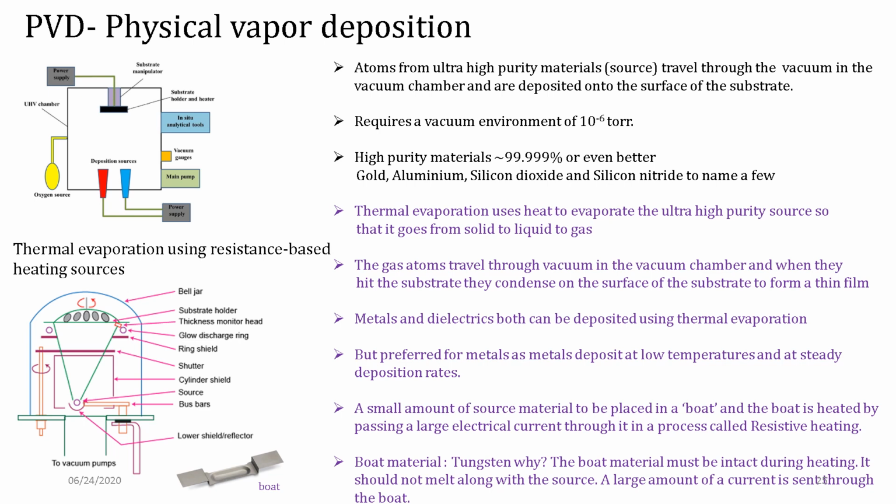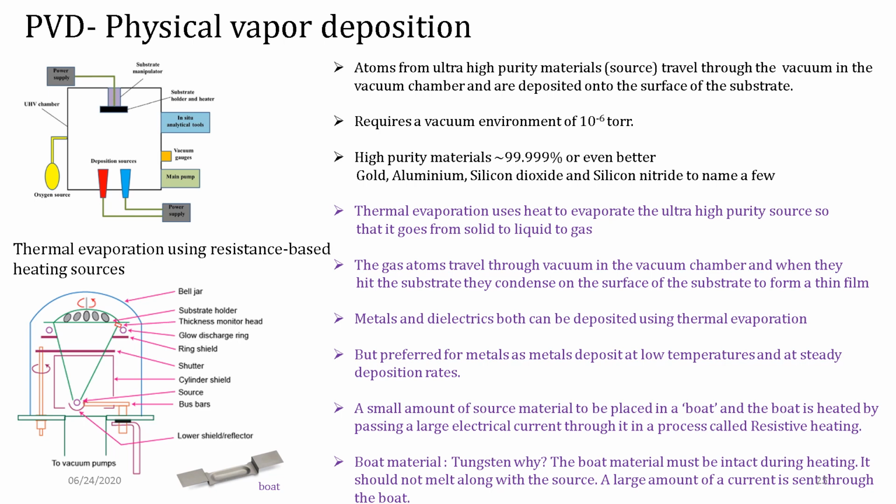Once the material is evaporated, it goes and hits the surface of the substrate to form a thin film. All these are a part of the thermal evaporation setup. You need to have a proper gasket, a proper chamber, and both a backing pump and a turbo pump.